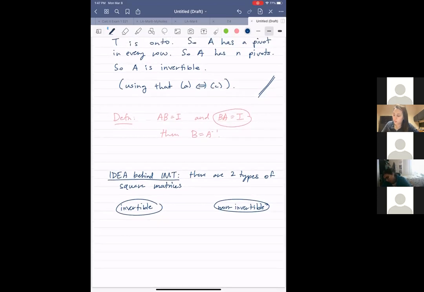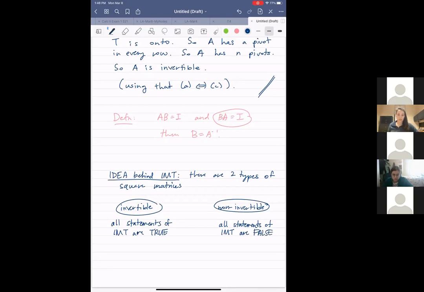For the invertible matrices, all the statements of the invertible matrix theorem are true, right? We know that every single one of them holds true. For the non-invertible matrices, we know that all the statements of the invertible matrix theorem are false.